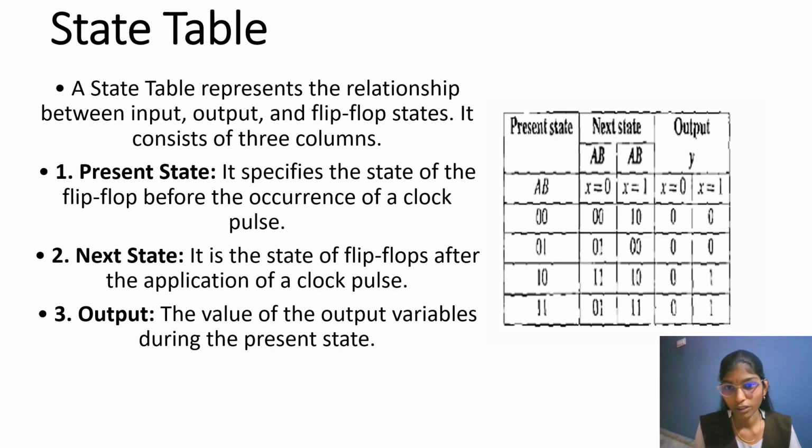If x equals 0, the next state values are 00, 01, 10, 11. And if x equals 1, the next state values are 10, 00, 11, 01. And the output when x equals 0 is 0, 0, 0, 0. The output when x equals 1 is 0, 0, 1, 1.